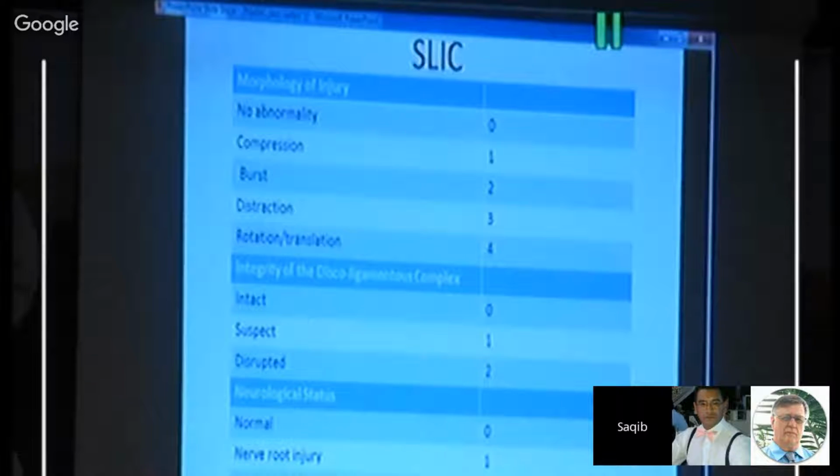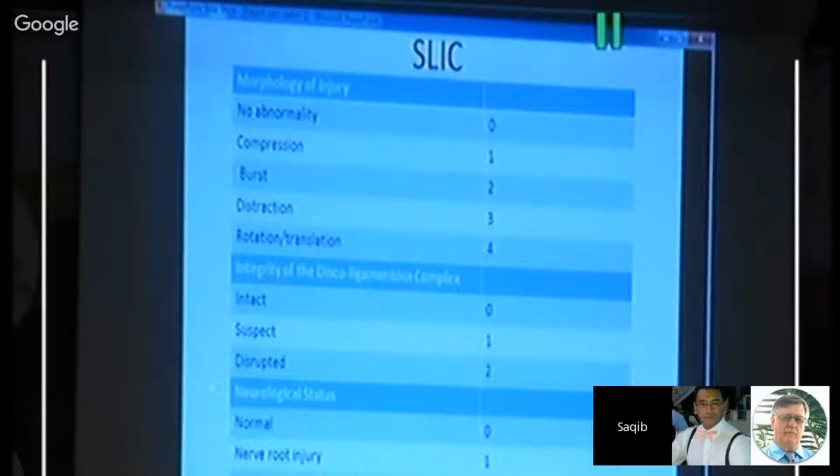This scale has 3 different components. For morphology of injury: if there is no problem, 0; compression, 1; burst fracture, 2; distraction, 3; rotation and translation, 4. Based on the presence or absence of discoligamentous injury, they receive 0, 1, or 2.